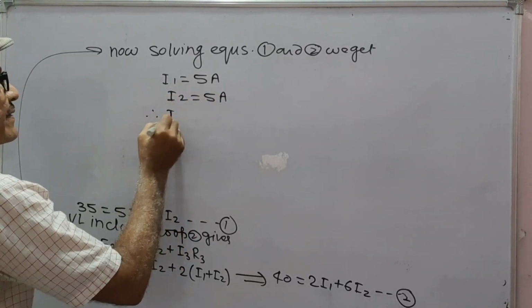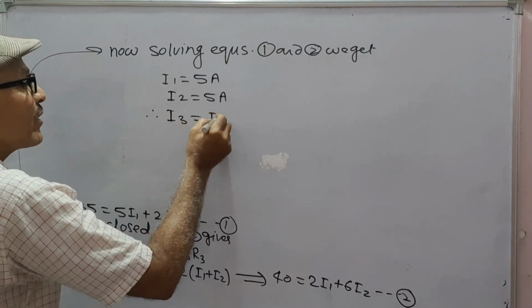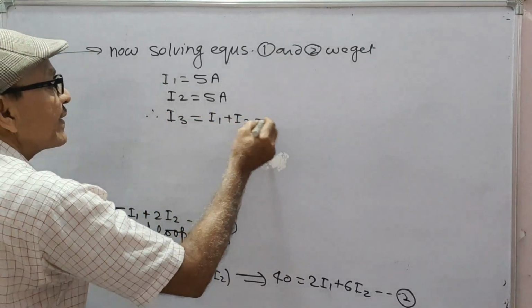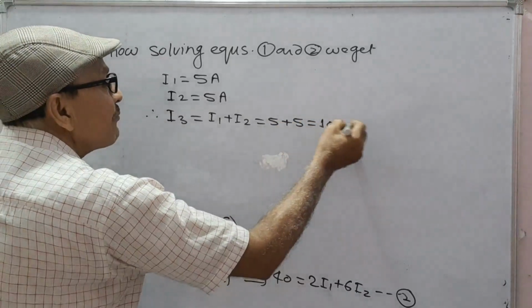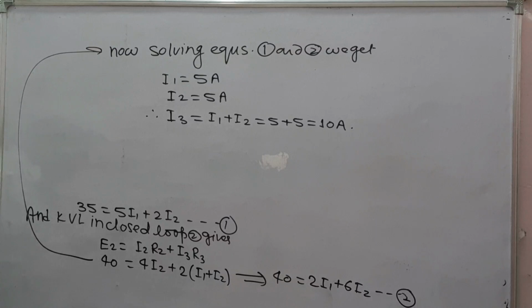Therefore, I3 will be equal to I1 plus I2, that is 5 plus 5 is equal to 10 ampere, which will be the current in 2 ohm resistance.